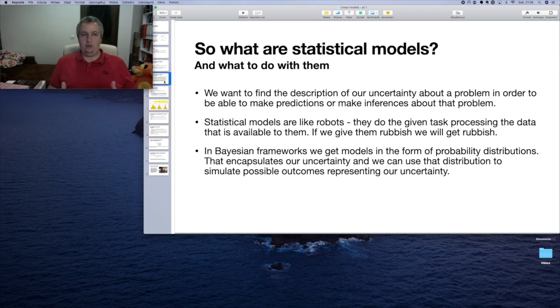And in the Bayesian framework, we generally get models that are in the form of probability distributions. Everything in Bayesian models has a probability distribution. And this encapsulates our uncertainty. And this is important because we can capture how our uncertainty is influencing our predictions, our inferences. We can use it later, for example, to give uncertainty to our decisions.